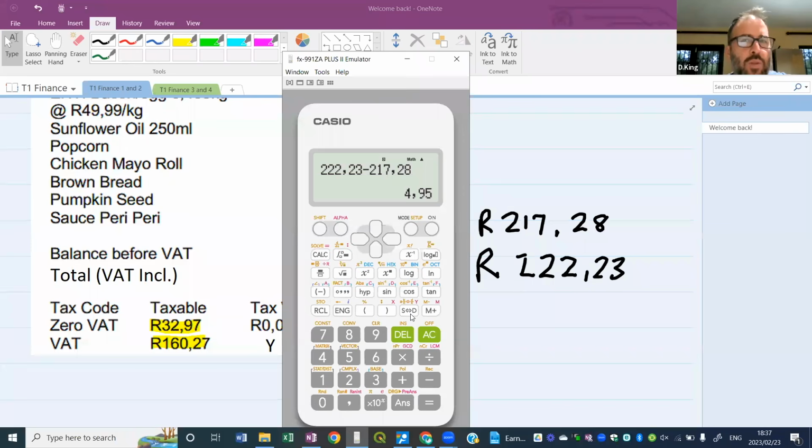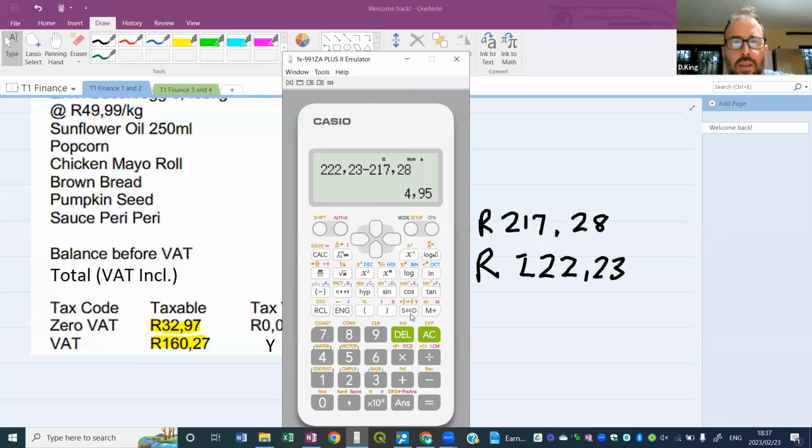But if we bought a lot of zero VAT rated items, healthy food like fruit and vegetables, legumes, green beans, lentils, sugar beans, if we bought like a samp, cabbage, spinach, sunflower oil, milk, bread, basic stuff. If you bought these basic items, you'd be saving quite a bit of money.